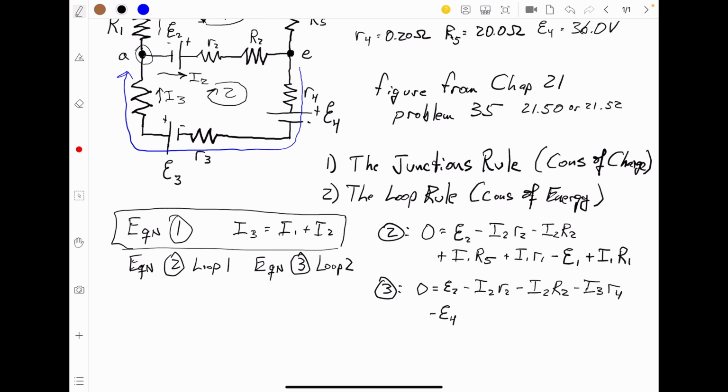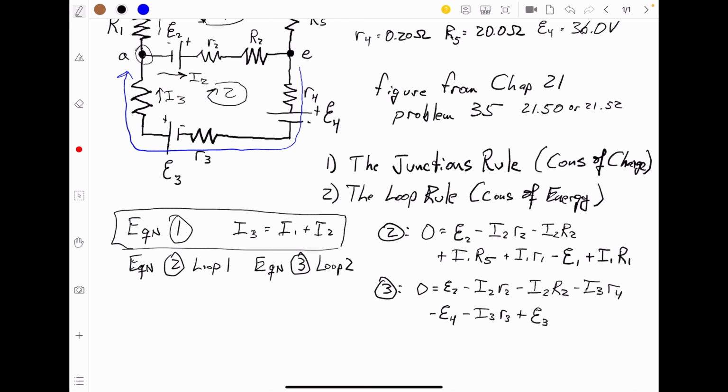Then we go down a little bit further. We get to minus I3, R3. And we're now getting a boost in voltage. So we're going to have to add in, because we go from minus to positive on our battery, our EMF 3. So we're going to plus EMF 3. Make sure I have that right. Okay, yeah, good. And then that ought to do it. We're back around.